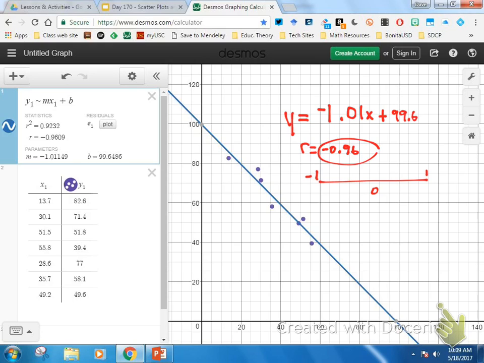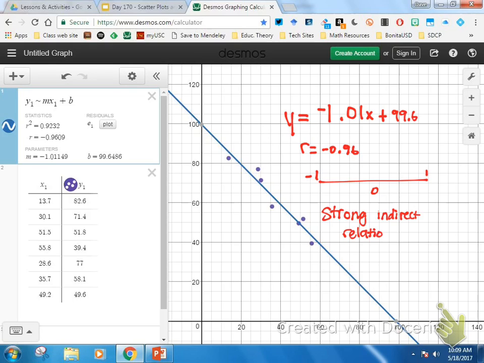Where is -0.96? It's very close to -1, right? Would you all agree with that? Which means that since it's so close to -1, it has a strong indirect relationship.